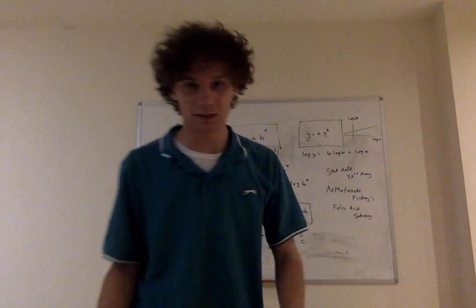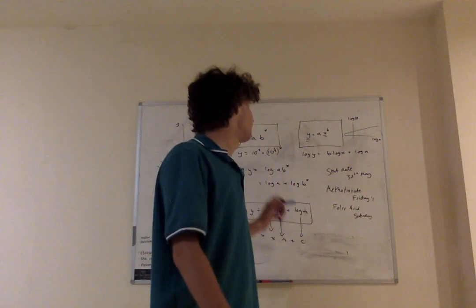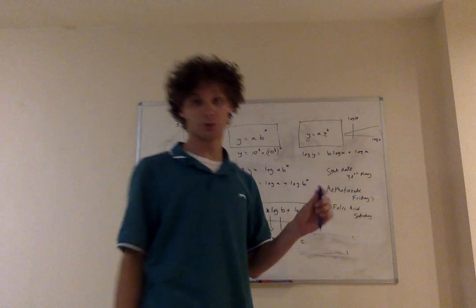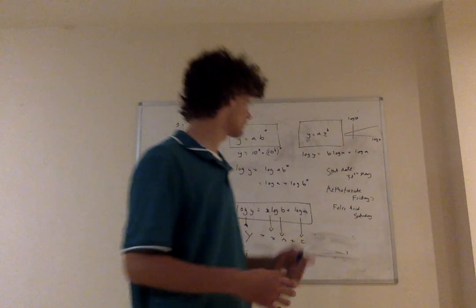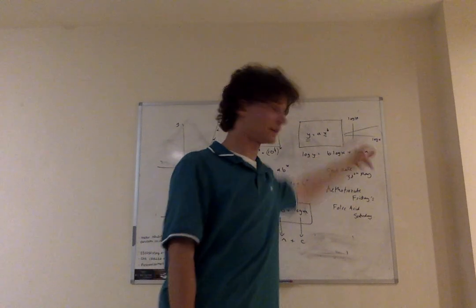It won't always be x and y. In the 2018 paper, it's v and t. Whatever it is, you want them to be on the x and y axes, and you want to make sure the constants are not on them. So in this case, you make log x on the axis.